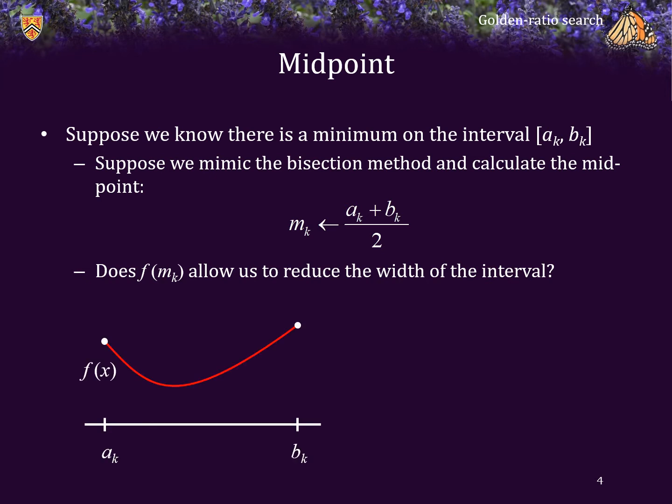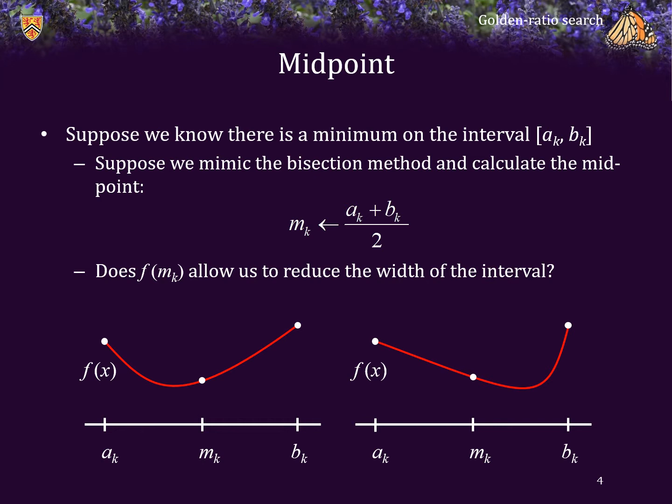Well, suppose this is the actual function we're trying to minimize. Well, if we evaluate the function at the midpoint, we know it's less than either endpoint, but does it suggest that the minimum is on the left-hand interval? Not really, because after all, the function we're trying to minimize could look like this, and evaluating that function at the midpoint would give you approximately the same value.